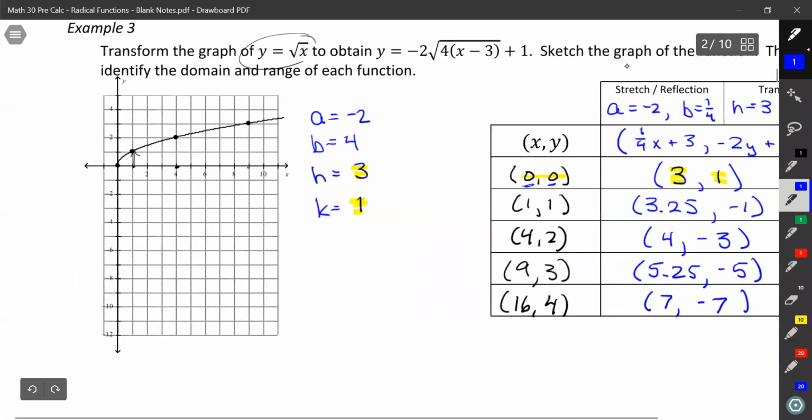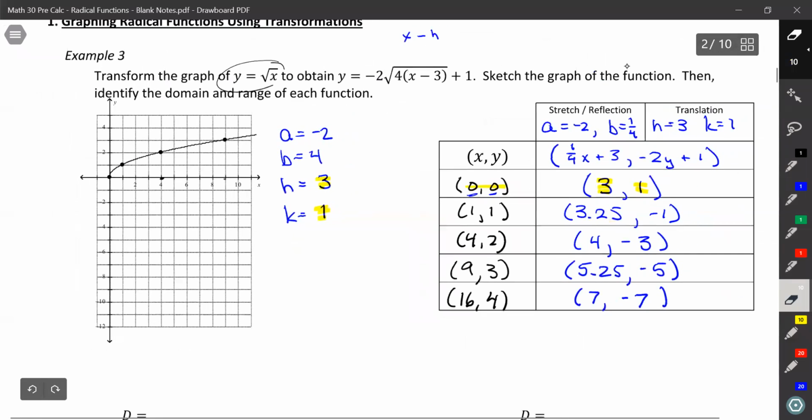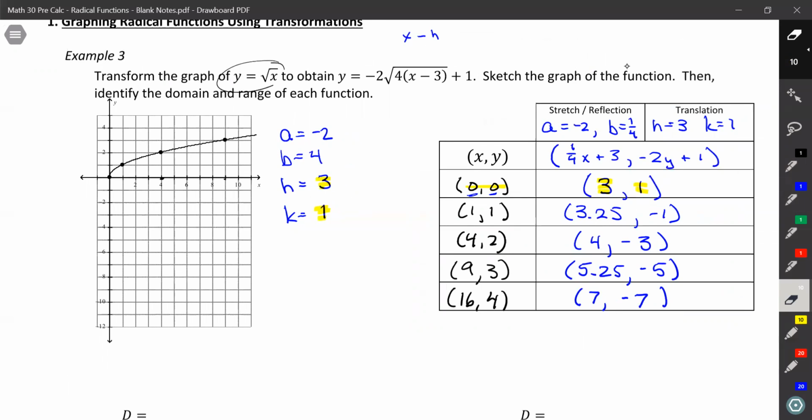So now let's take a look at what the transformed graph looks like. So we plot the points in the right column, the transformed points, okay? Those aren't the key points, they are transformed points.